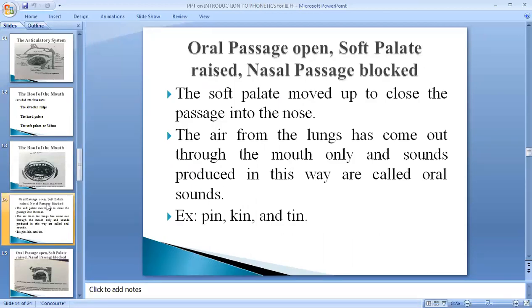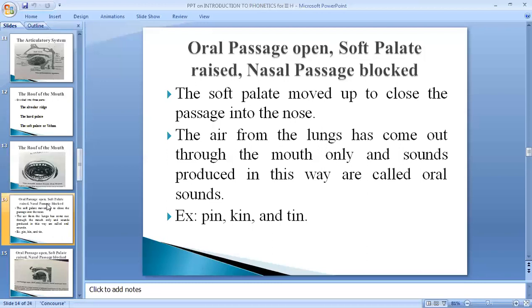The soft palate can be moved up to close the passage into the nose. The air from the lungs then has to come out through the mouth only, and sounds produced in this way are called oral sounds.